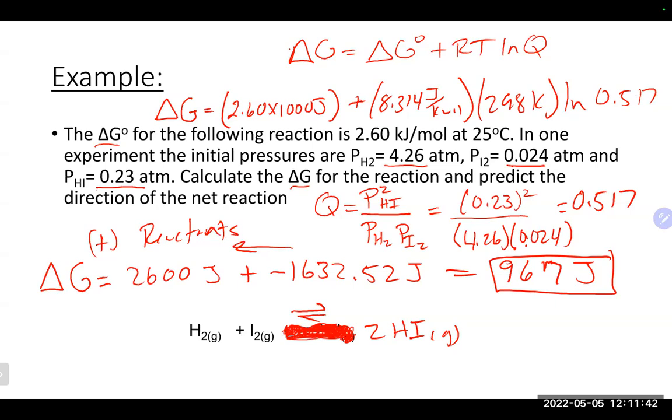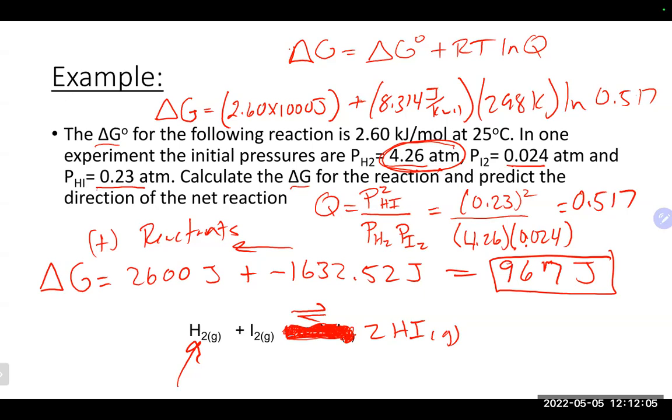We can actually see that because when we look at the pressure, the major pressure is which one? This guy, which is a reactant. So that all fits together nicely. Any questions on any of that there? Questions on thermodynamics, delta G, any of those things? All right, that wraps up this chapter.